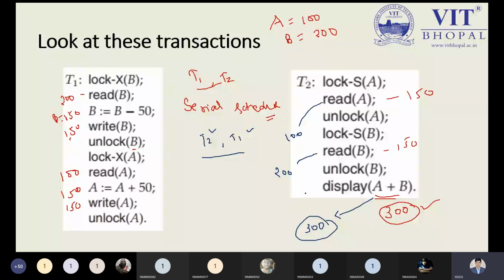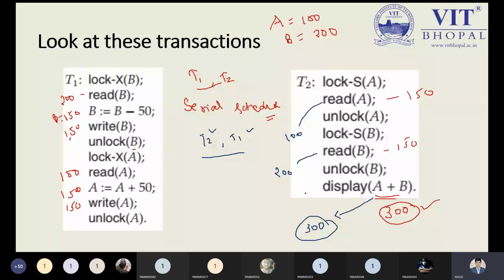We are getting the same value, but that doesn't mean there is no issue. Sir, could you repeat? We are using this example. Is there a doubt in this example? First tell me. No, sir, it's clear. You can perform transaction T1 T2 or T2 T1, there is no issue.